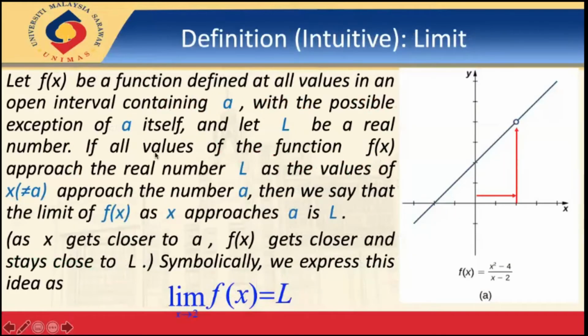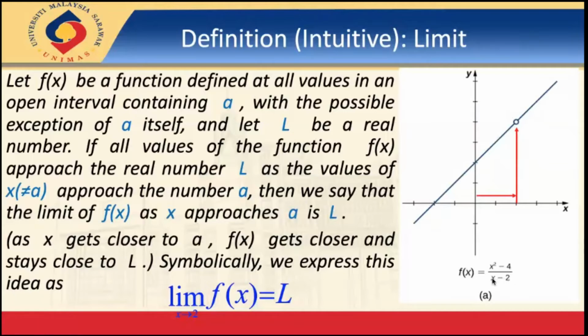Okay, it's the same definition and the same example as our previous slide, where the function is f of x equal to x square minus 4 divided by x minus 2. If here we replace x by 2, then just look at the denominator: 2 minus 2 will be 0, and anything divided by 0 will be infinity.